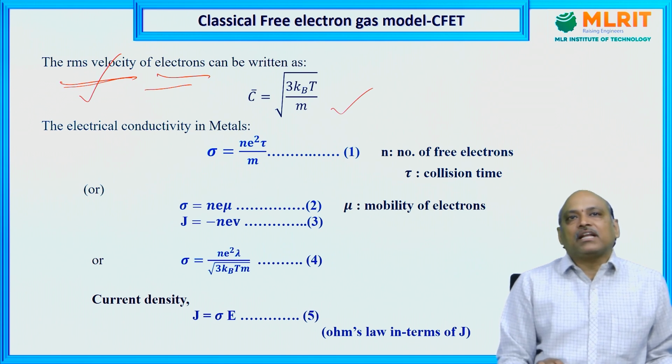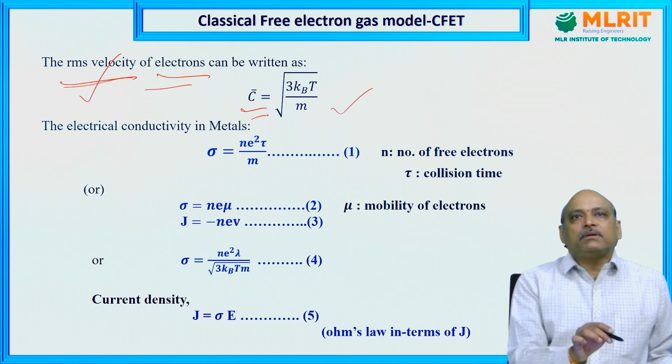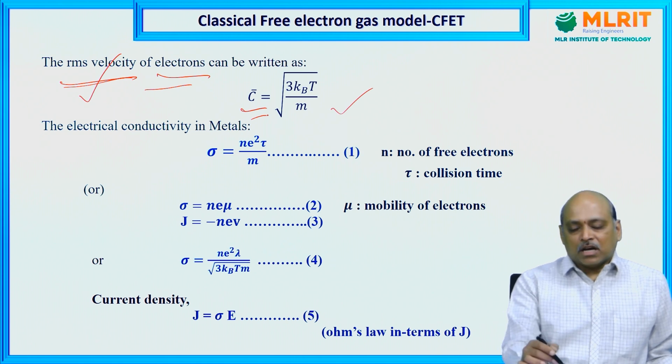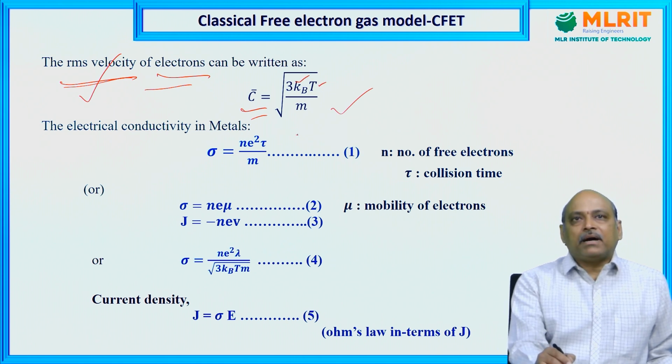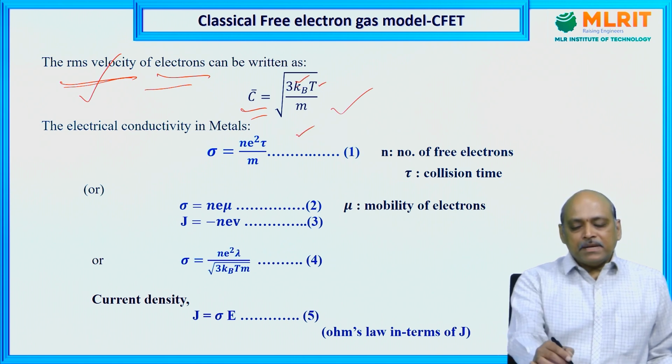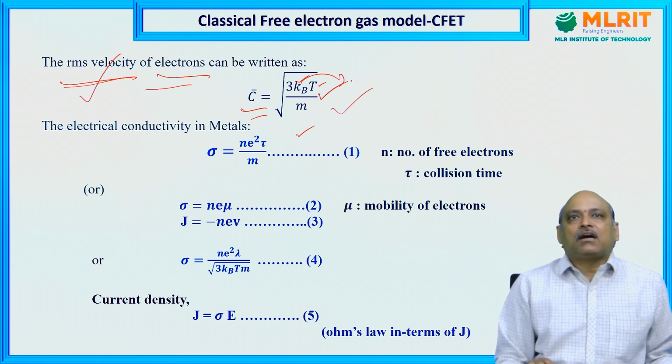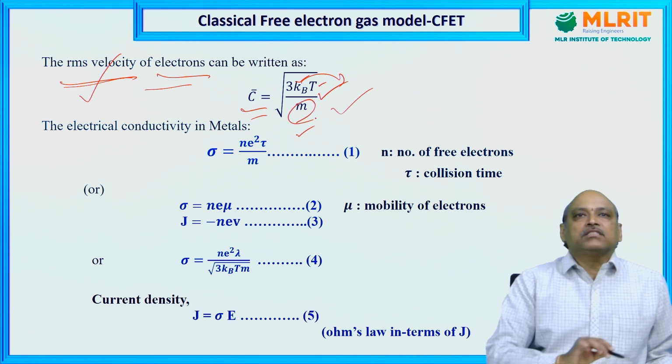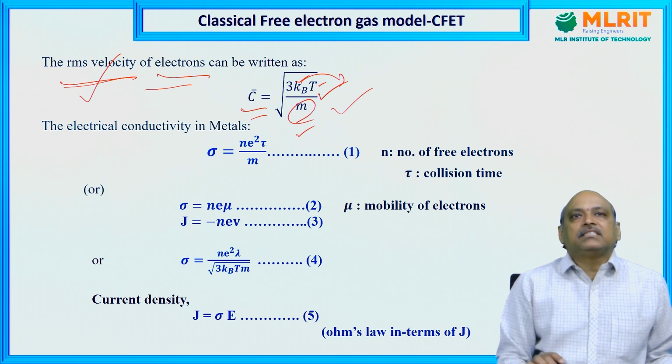The RMS velocity of electrons, C bar, can be written as square root of 3 kB T by m, where kB is the Boltzmann constant, T is the absolute temperature of the metal, and m is the mass of the moving particle, here the electron.